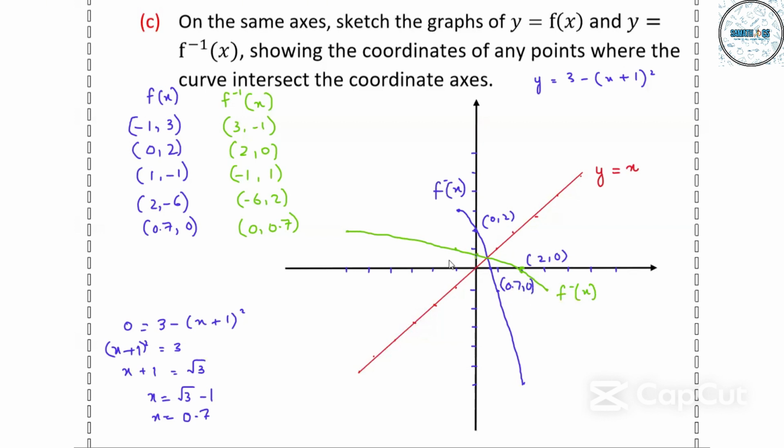And this point is 0, 0.7. So whenever you are sketching the graph of a function and its inverse, you have to make sure that the scale is the same on both the axes.